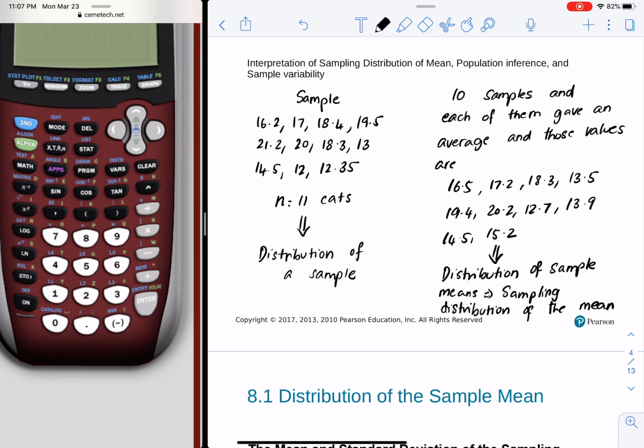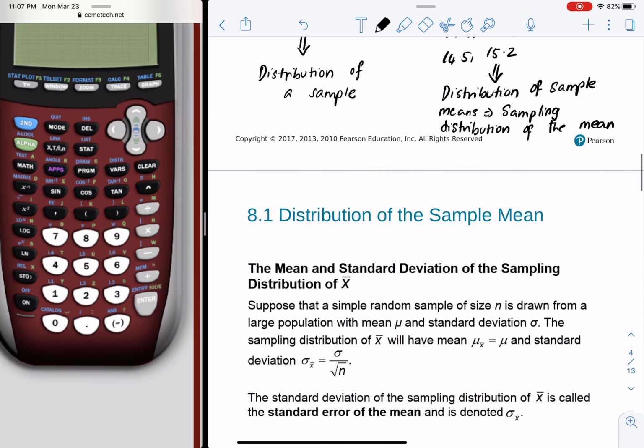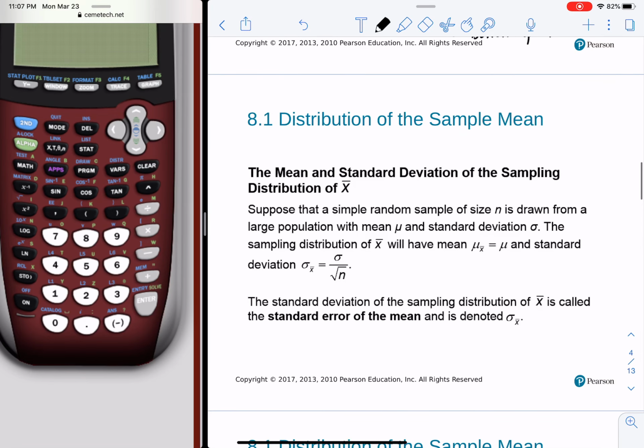So, what are the characteristics of the distribution of the sample mean? Suppose we have a simple random sample of size n, which we draw from a large population with mean mu and standard deviation sigma. The sampling distribution of x bar, the sample mean, will have the same mean mu, but the standard deviation is no longer sigma, rather it's sigma over square root of n.